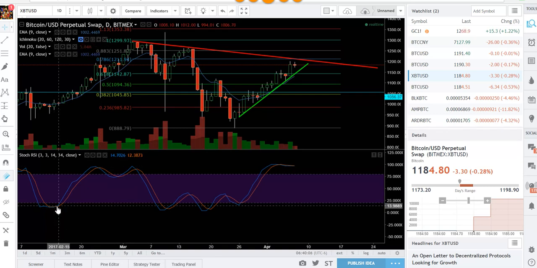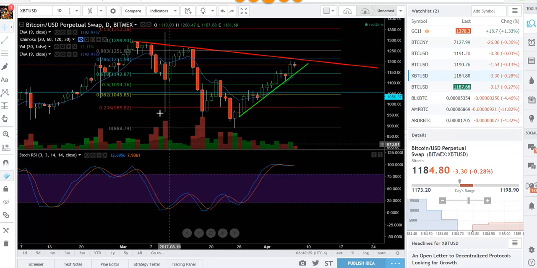Like here, this blue line crossed in this area as we started to gain our strength and do our move up. Then it stayed in this relative area while it was still climbing in price. But right about here, where the market decided it wanted to start selling off, that's when we got our crossover, and we started to lose our strength.